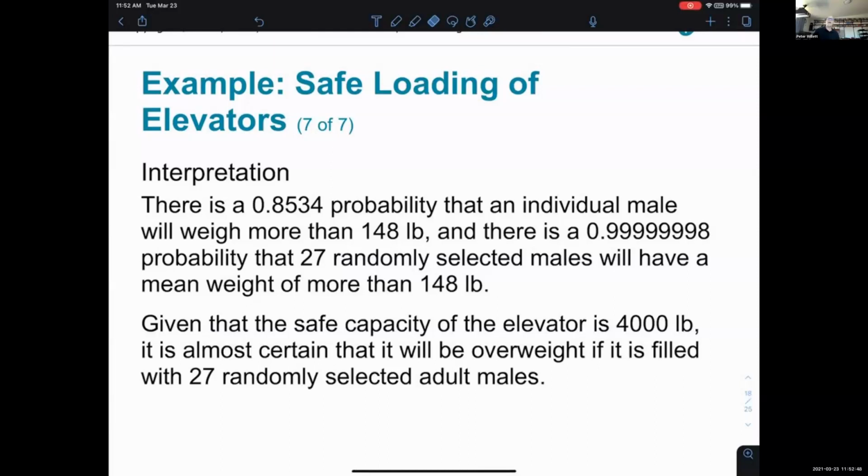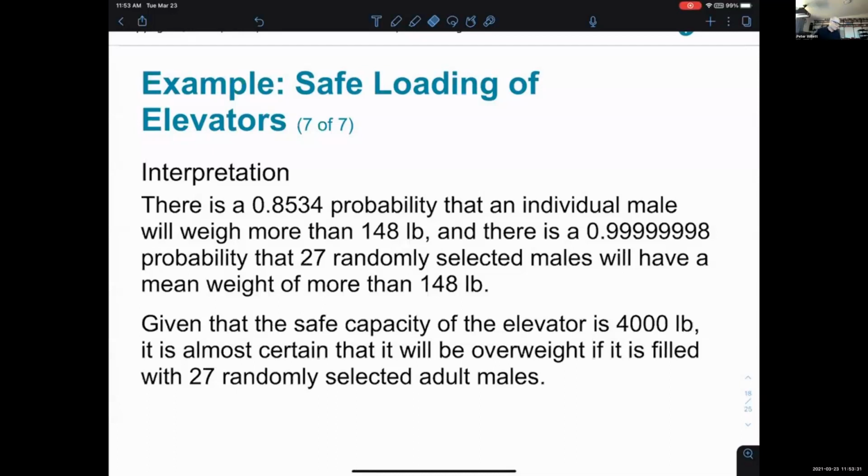There's a 99.999998 probability that 27 randomly selected males will have a mean group weight of more than 148 pounds. Given that the safe capacity of the elevator is 4,000 pounds, it's almost certain that it will be overweight if it's filled with 27 randomly selected adult males.